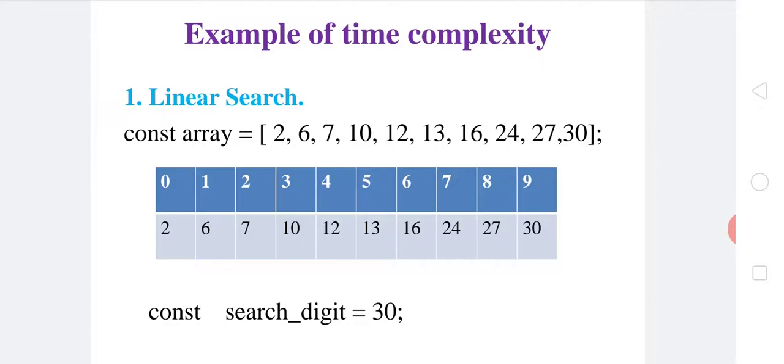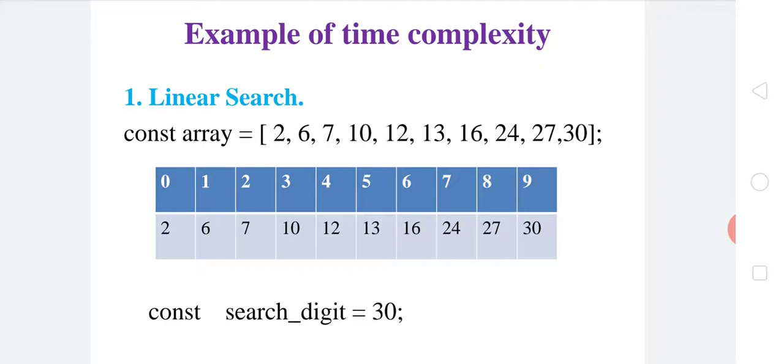Let us count the number of operations performed. The first operation is 30 compared with the 0th location, again 30 compared with the first location, again with the second location, again with the third location value 10, meaning 30 is greater than 10, so it goes to the next memory location.